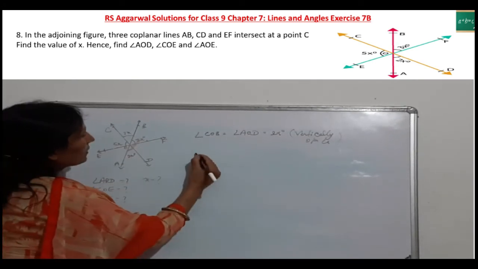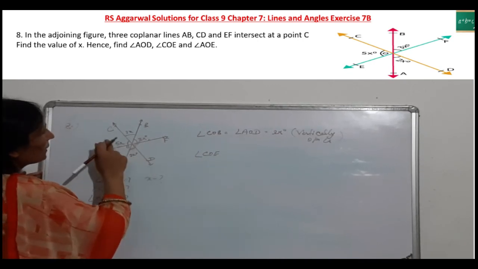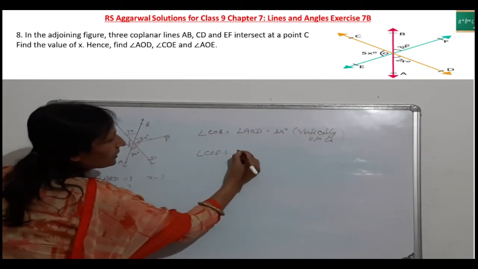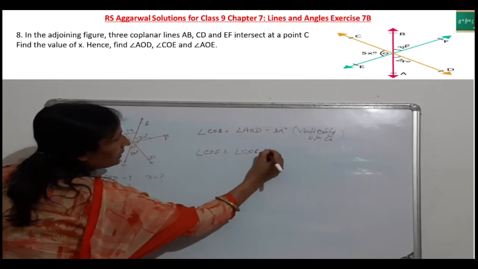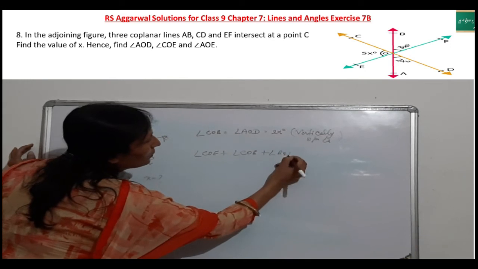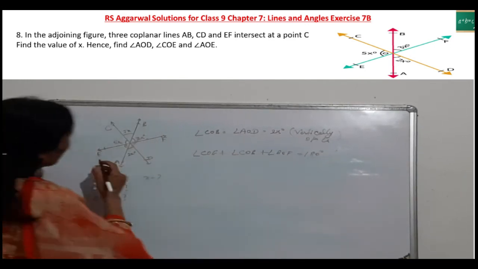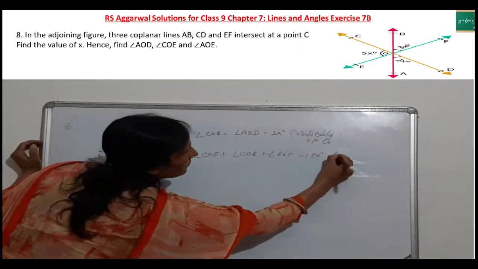So angle COE plus angle COB plus angle BOF is equal to 180 degrees, as EF is a line.